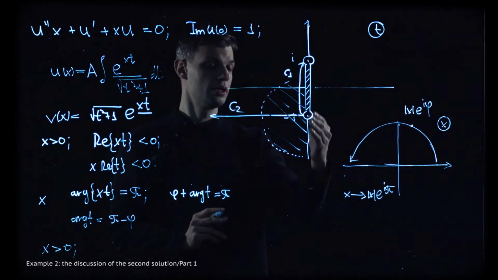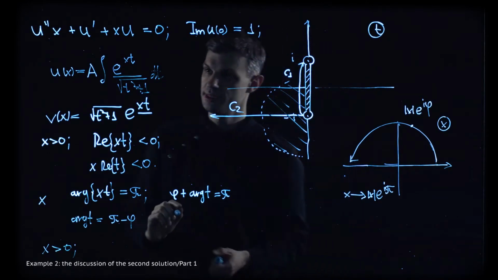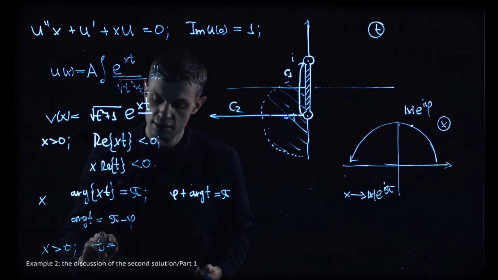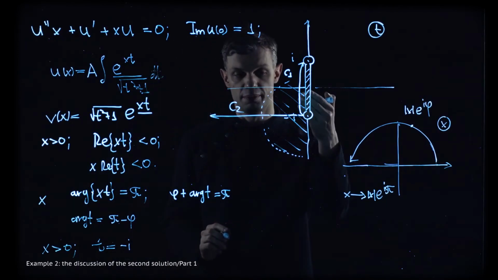So now you understand that it's defined by the vicinity of this branch point, t is equal to minus I. So we make an expansion: t is equal to minus I plus some small number s.